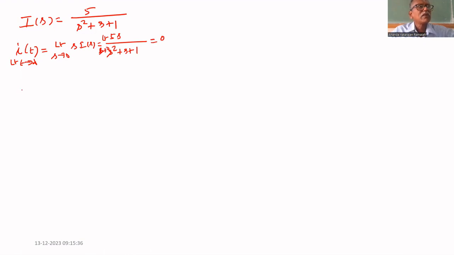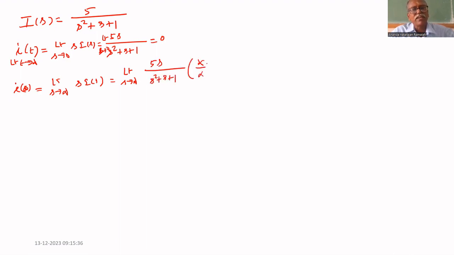Similarly, I of 0 equal to limit s tends to infinity of s I of s, equal to limit s tends to infinity of 5s upon s square plus s plus 1.